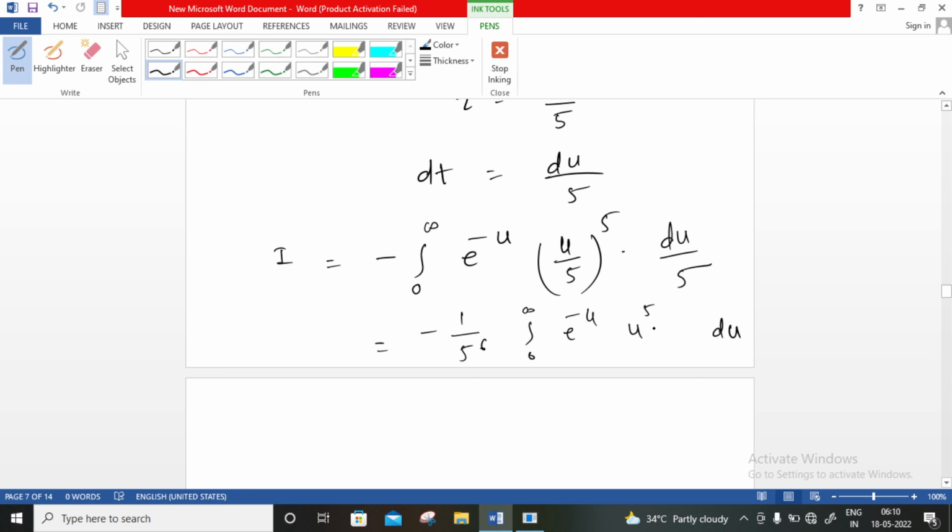The power of the algebraic term is not n minus 1, so you add and subtract 1. Then you apply the definition. So the value of this integration becomes gamma 6. Gamma 6 is the same as 5 factorial upon 5^6.